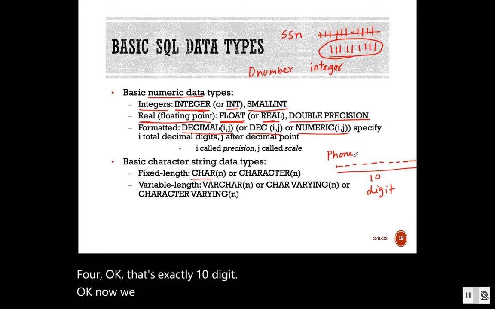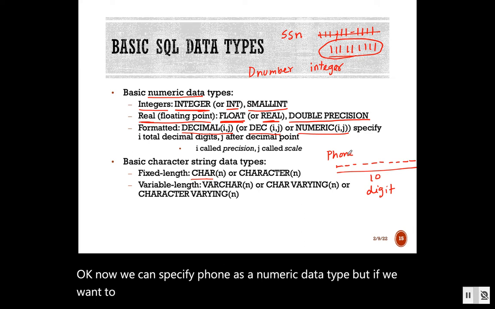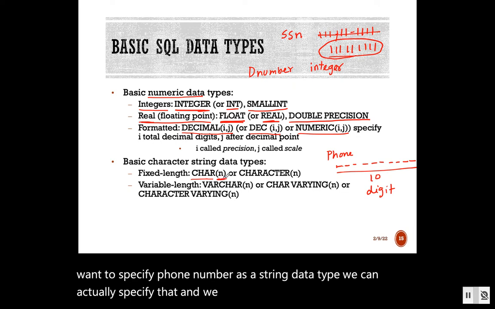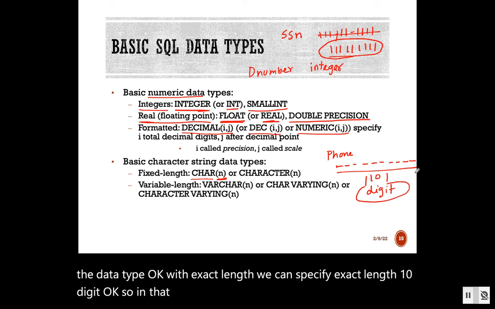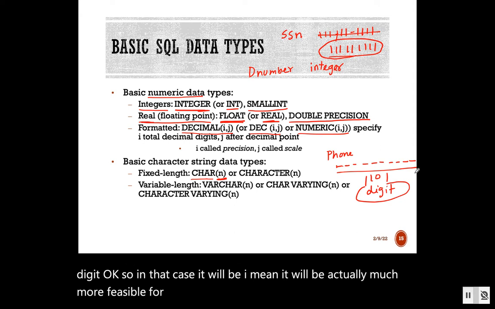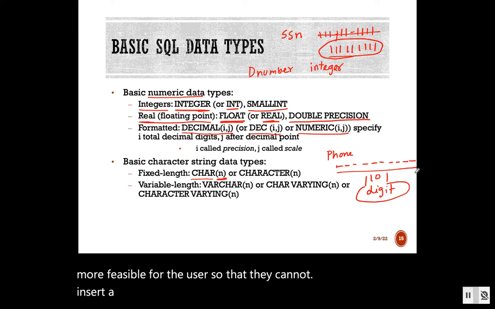We can specify phone as a numeric data type, but we can also specify it as a string data type with an exact length of 10. That is more feasible for the user, so that they cannot insert a wrong phone number, because all USA phone numbers have exactly 10 digits.